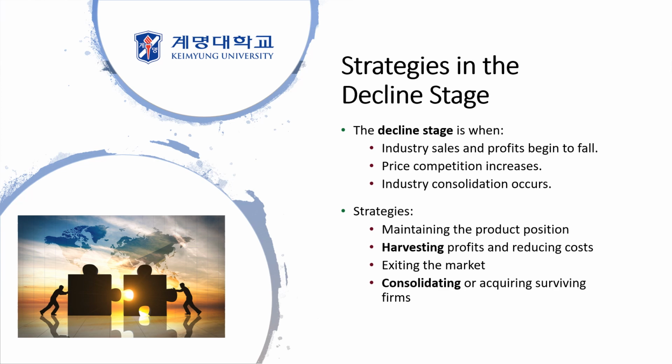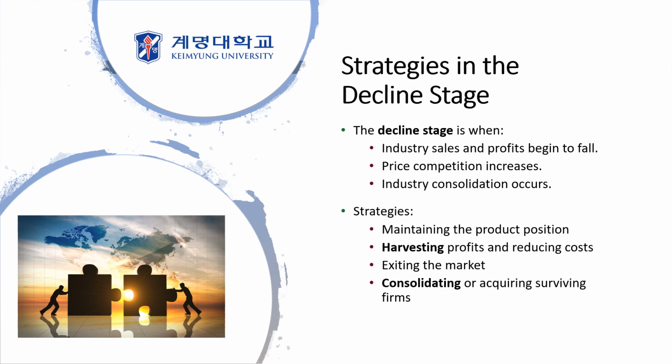There are four basic strategies available in the decline phase: maintaining, harvesting, exiting, or consolidating. For maintaining, you keep the product going without significantly reducing marketing support, technological development, or other investment in the hope that competitors will eventually leave the market.